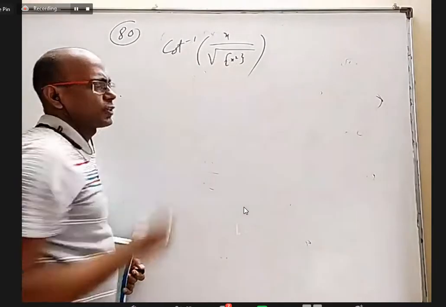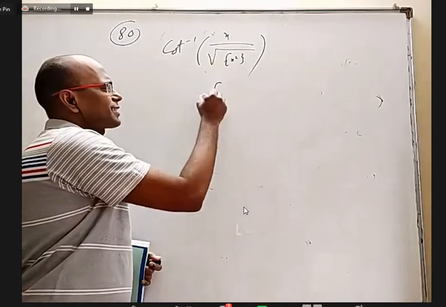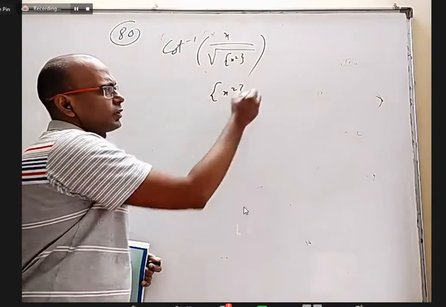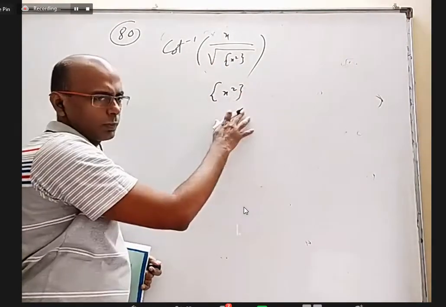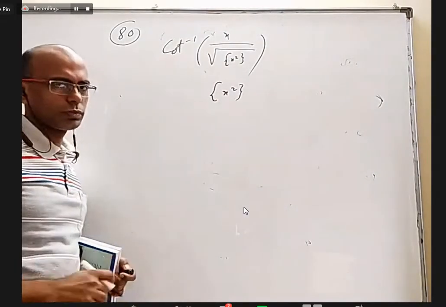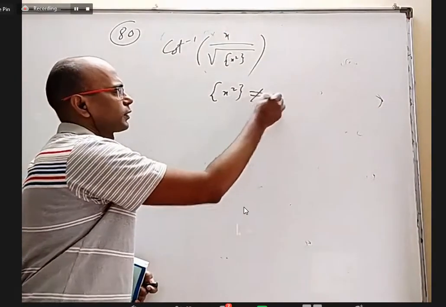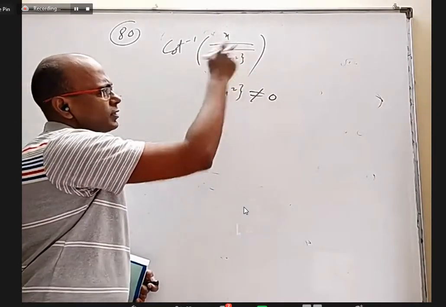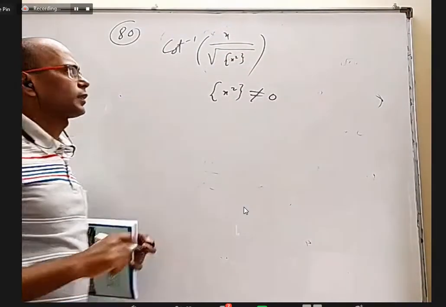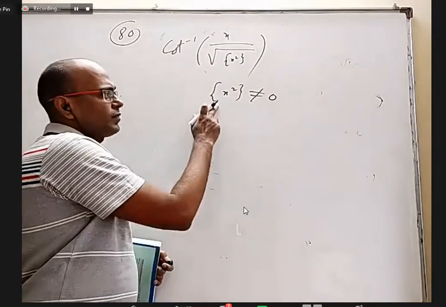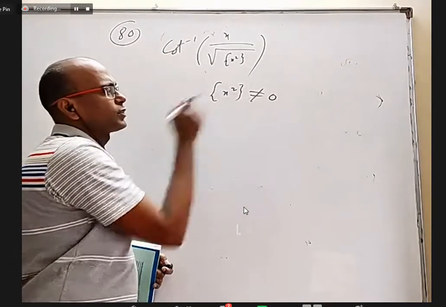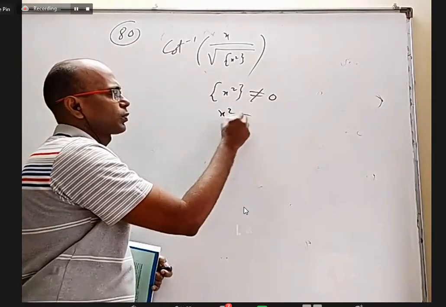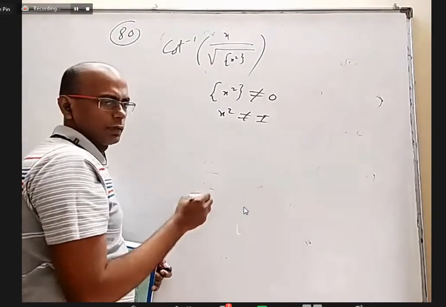Inside the root, what is there should be positive. Fractional part of x square inside the root, we want it to be positive, and fractional part of anything is positive. But the only thing is that it should not be 0. It is never negative. When it is 0, root 0 in the denominator is 0, not defined. Otherwise, no issue. But when will the fractional part of any number be 0? When that is an integer. That means x square should not be an integer.